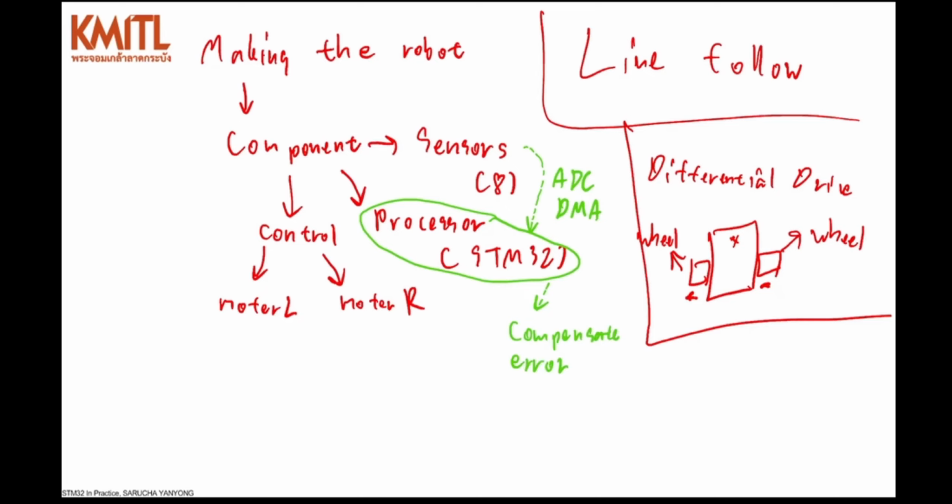For example, if you have this line, and your robot is here with two wheels, this is the center of the robot.